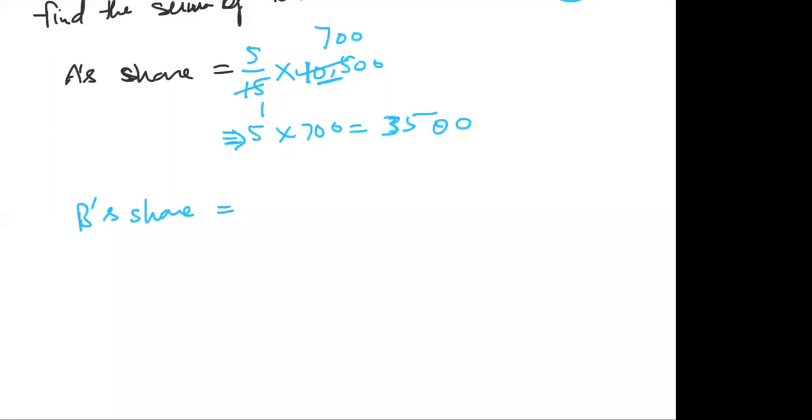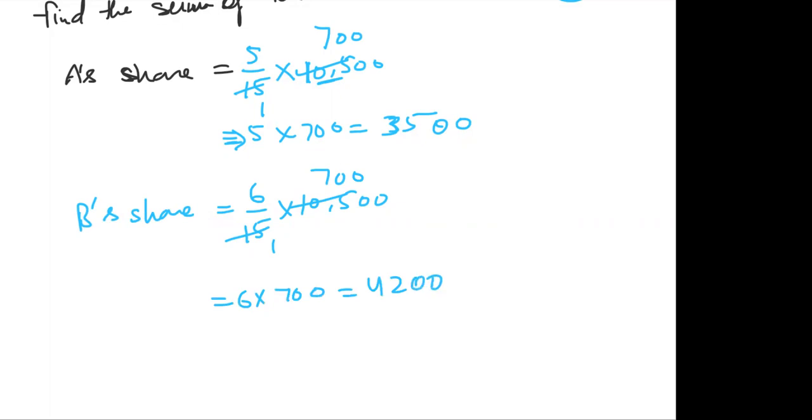The ratio of B is 6, and total is 15, into 10,500. So 15 ones are 15, 15 sevens are 105, 00 as it is, 6 into 700 is 4,200 rupees. This is the share of B.